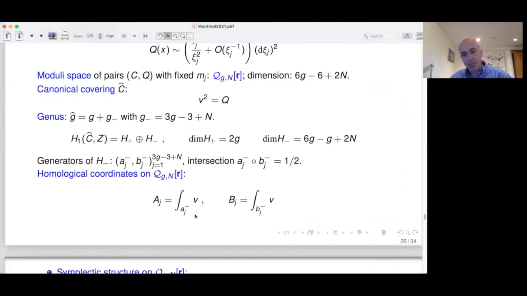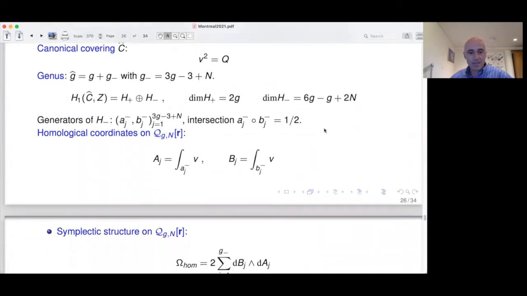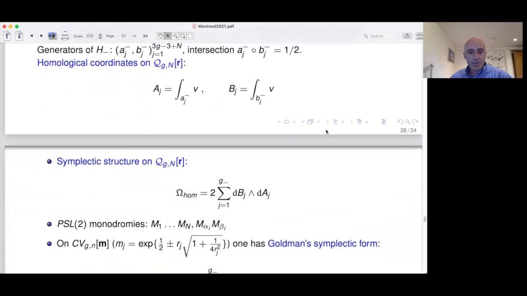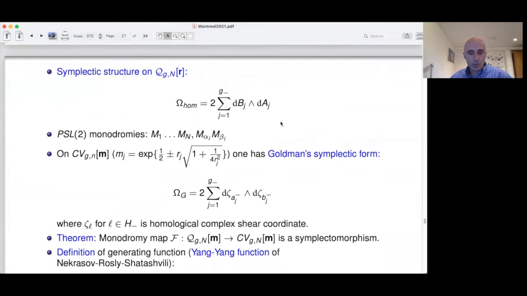You introduce the periods of V, because V is antisymmetric under the involution, so its periods are non-trivial only along A minus and B minus cycles. And the natural symplectic structure on the space of potentials is like that in terms of the homological coordinates. Now, if you look at the monodromy map of this equation, here we are talking about PSL2C monodromies to avoid various technicalities.